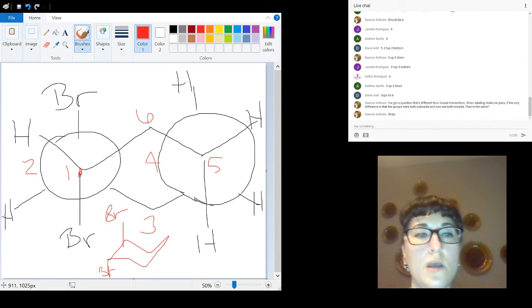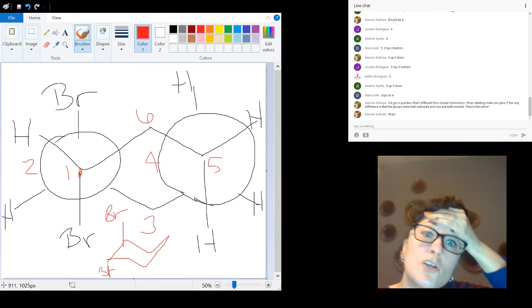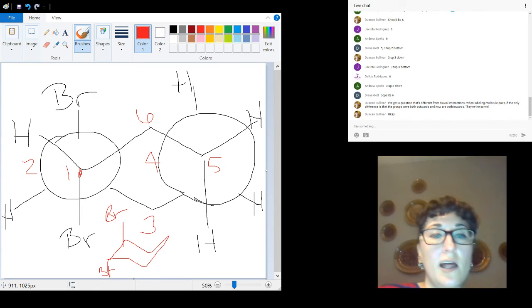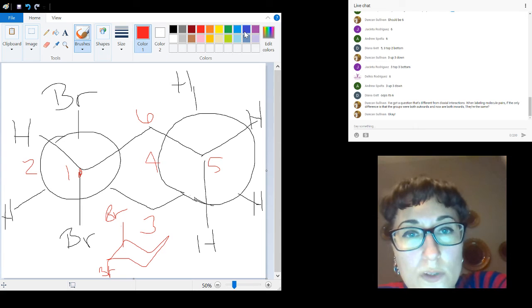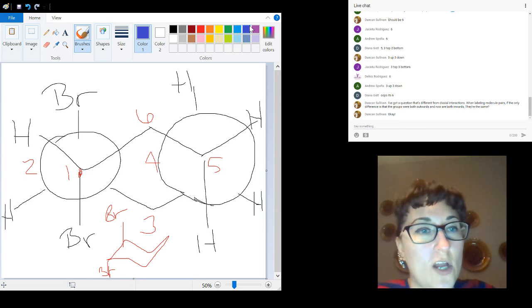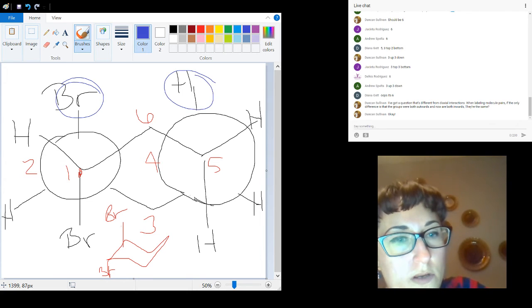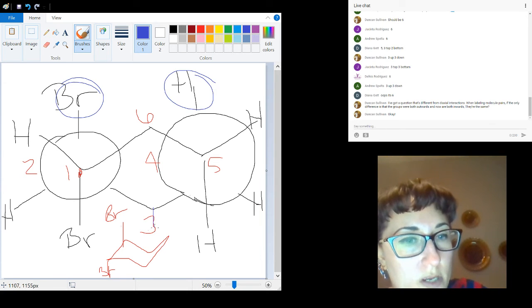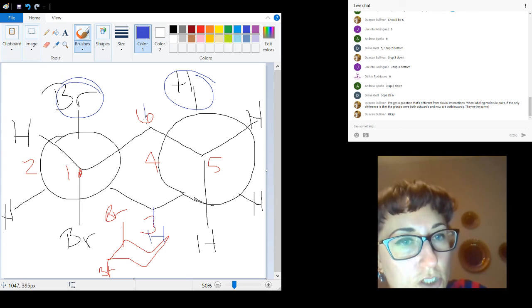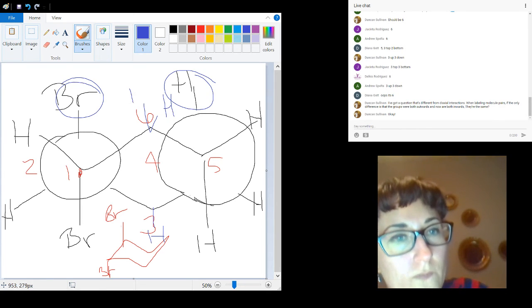Okay. So this could flip, right? You can actually tell which ones of these are axial and which ones are equatorial. So this one, that one, and there would be a hydrogen down here and a hydrogen, well, 2 of them each actually.